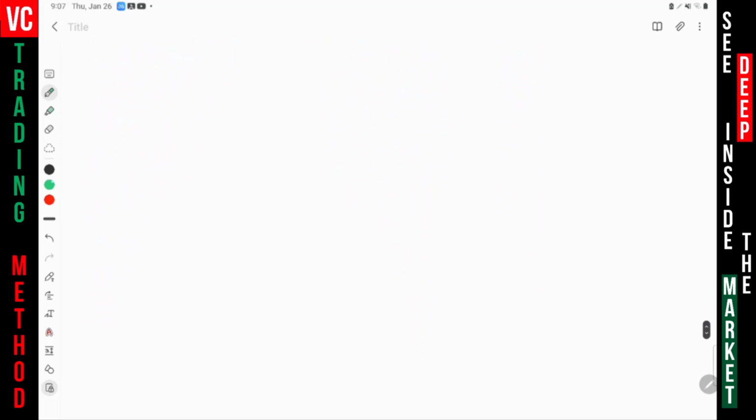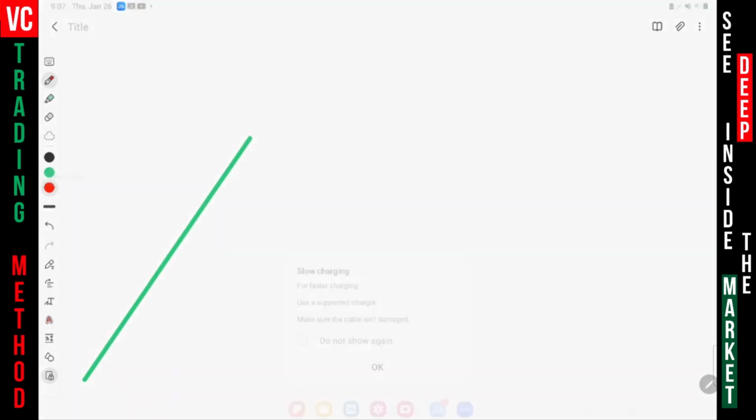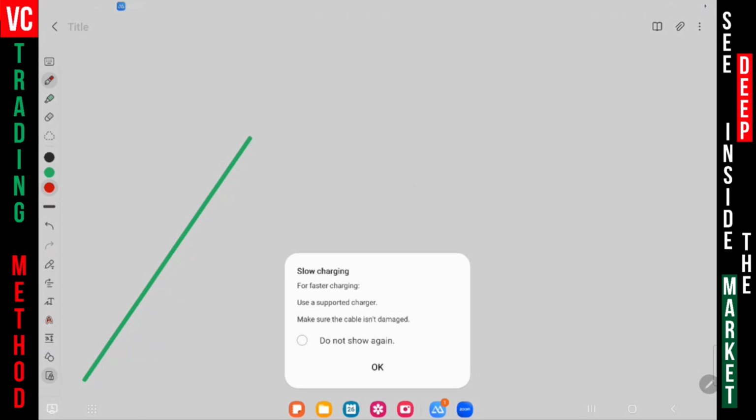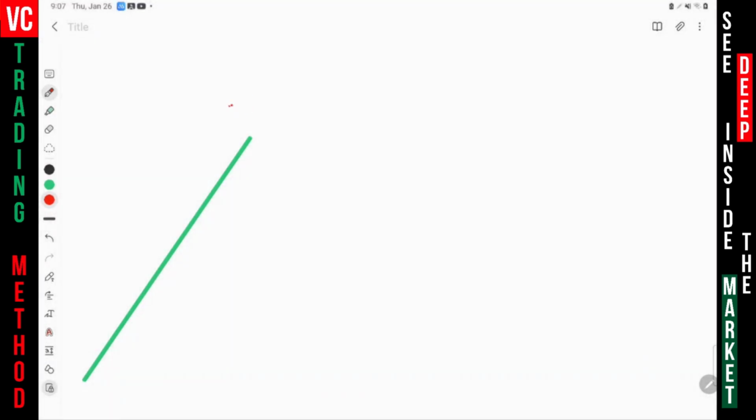Inversely, vice versa, if we have a positive wave and the results are negative, it means price may reverse from any near resistance level.